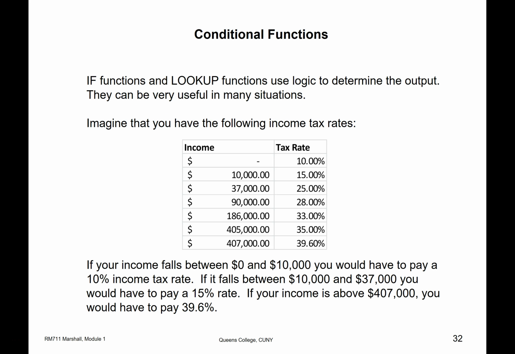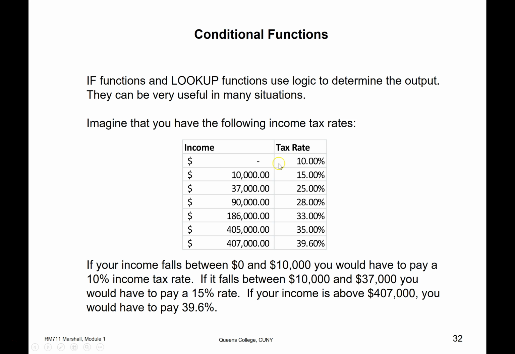So the last model here, model 4, talks about IF statements, IF functions, as well as lookup functions, which are very, very useful. Specifically here, we'll be looking at the VLOOKUP, vertical lookup, where you have a table structured this way, and you're going to look vertically down through the data to come up with a result. So what I've got is a table with some income tax rates, and the way to interpret this is if your income falls between $0 and $10,000, you would have to pay just a flat 10% tax rate.